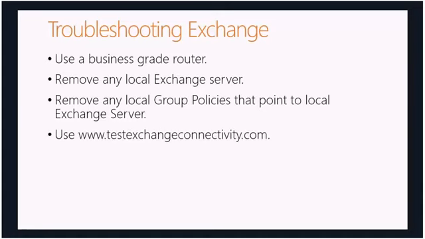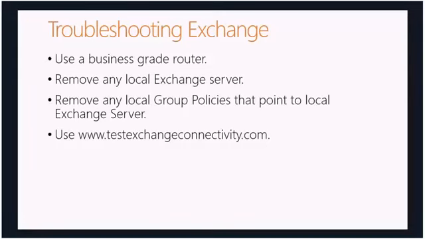One of the great tools for checking your Exchange configuration is testexchangeconnectivity.com. That will not only test things like Exchange, it will now test Skype for Business, certainly a whole range, a whole raft of options there.